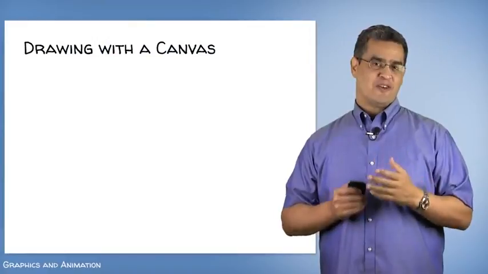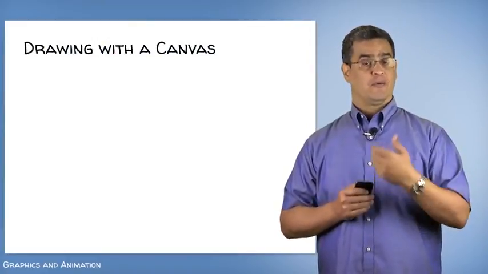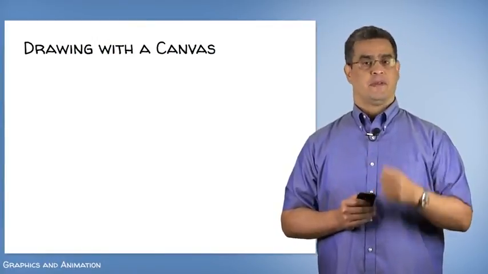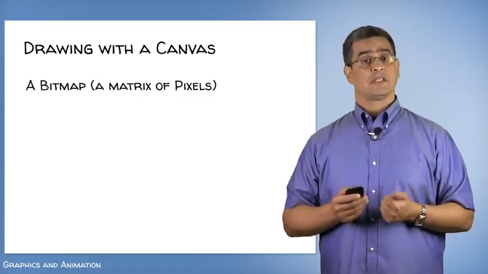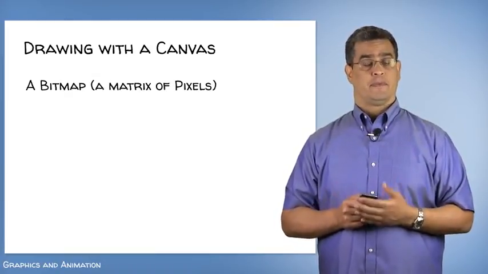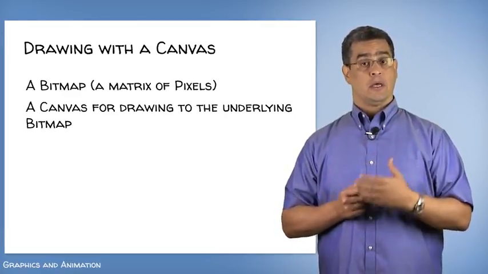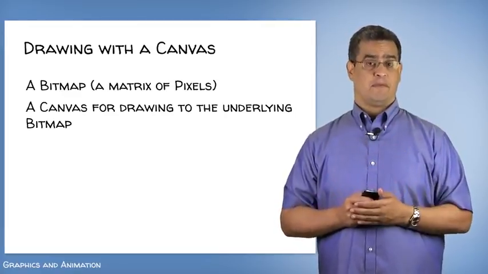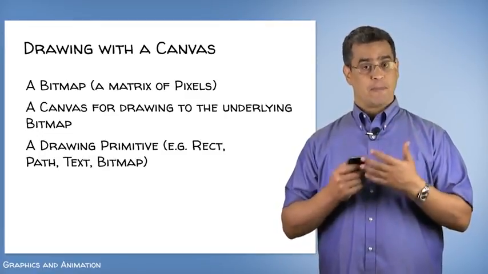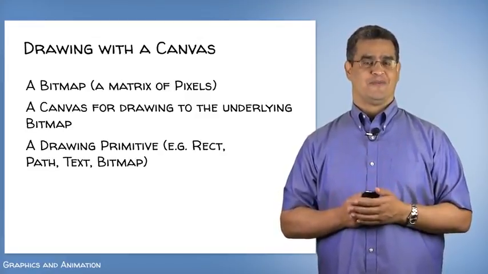Now, if you want to do more complex drawing, you can also draw with a canvas. And to do this, you need 4 things. A bitmap, which is essentially the matrix of pixels that you want to draw on. A canvas, which hosts the drawing calls that will update the underlying bitmap. A drawing primitive, which represents the specific drawing operation that you want to issue.